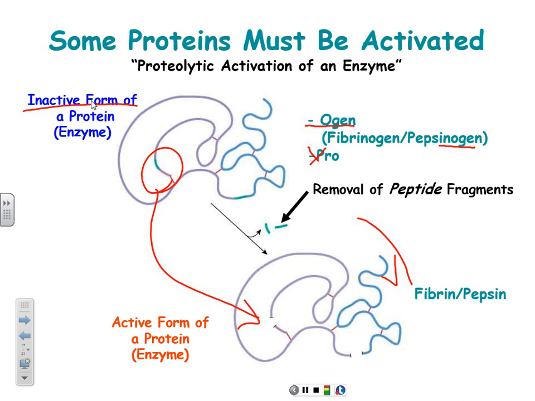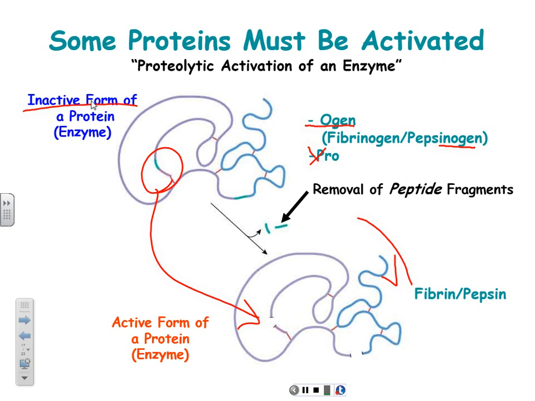The other one we're looking at here is pepsin. Pepsin is a digestive enzyme, a protein that's found in your stomach. It digests proteins. You would not want this active all the time, because then it would digest your stomach. And so what happens is we proteolytically activate it when you eat.